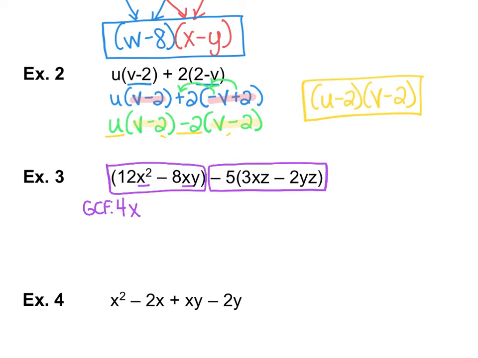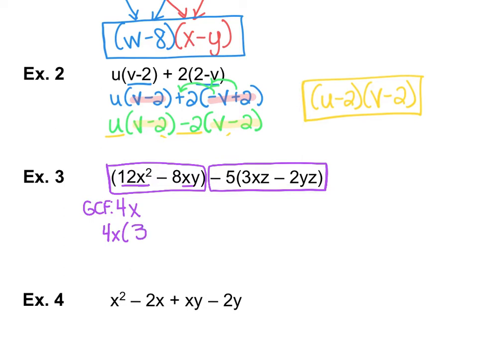So what I'm going to do there is put that GCF, and don't forget, we learned in a past topic that the GCF needs to go out in front of the parentheses, and we divide everything inside the parentheses by that GCF. So I'm going to divide 12x squared by 4x. 12 divided by 4 is 3.